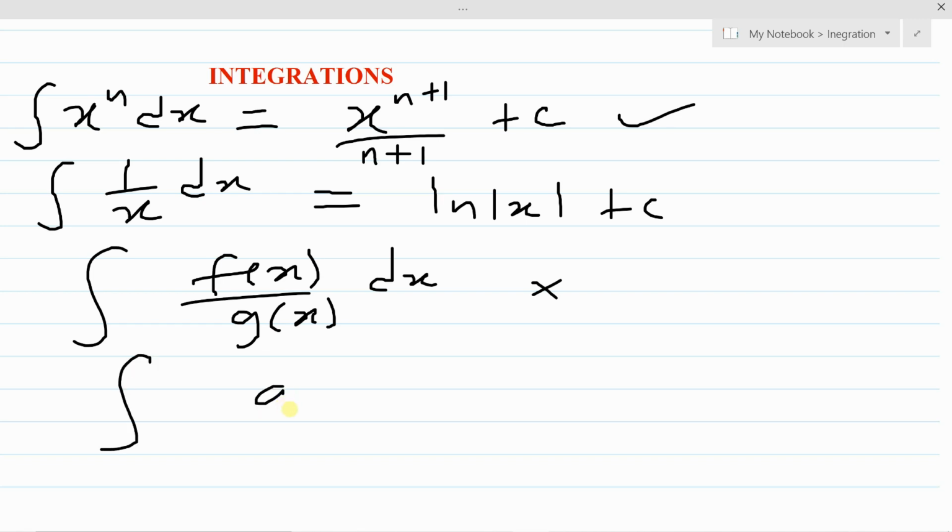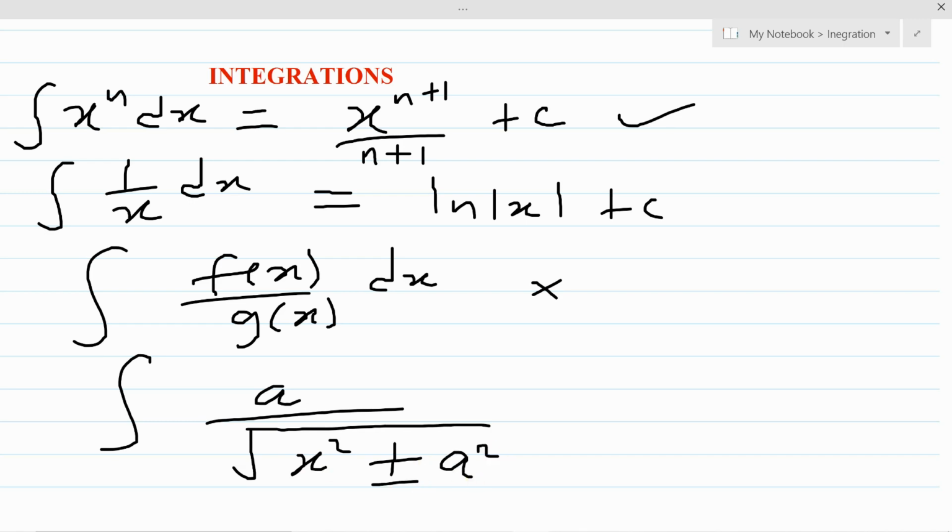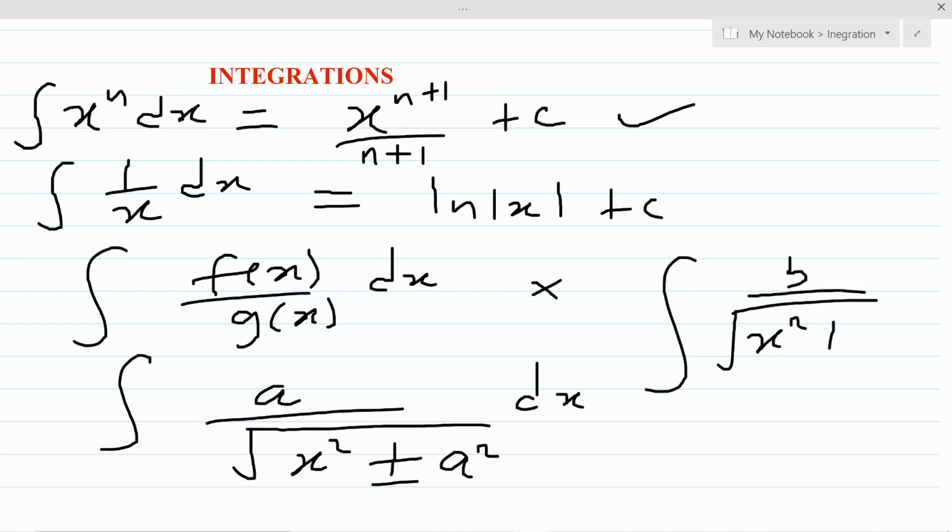Sometimes we can get something like a over the square root of some s squared, either plus or minus a squared. Then sometimes too, it can be the integral of some b over the square root of s squared plus or minus a squared, meaning the denominator a, and here this a and this a are the same, but here this and this are not the same.